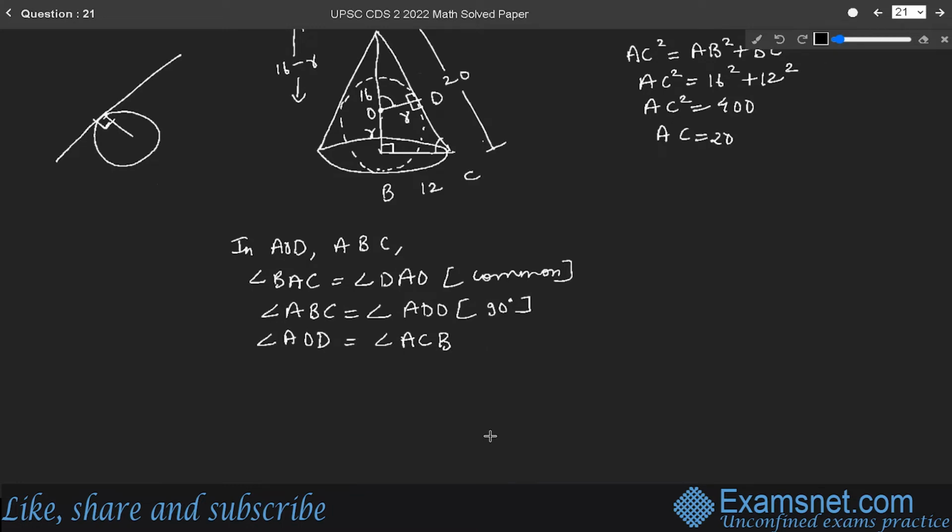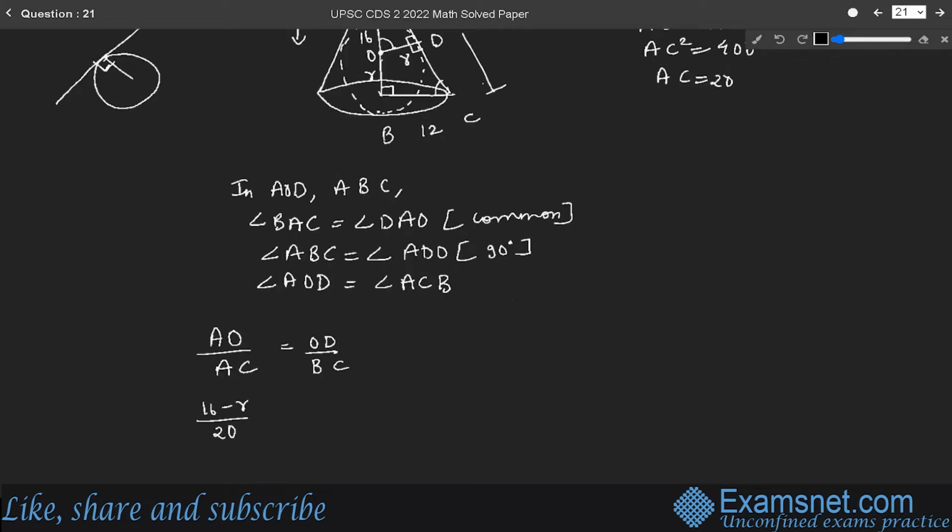The sides will be AO upon AC. This will be equal to OD upon BC. The values are AO is 16 minus R, AC is 20 by Pythagoras theorem, OD is R and BC is 12.